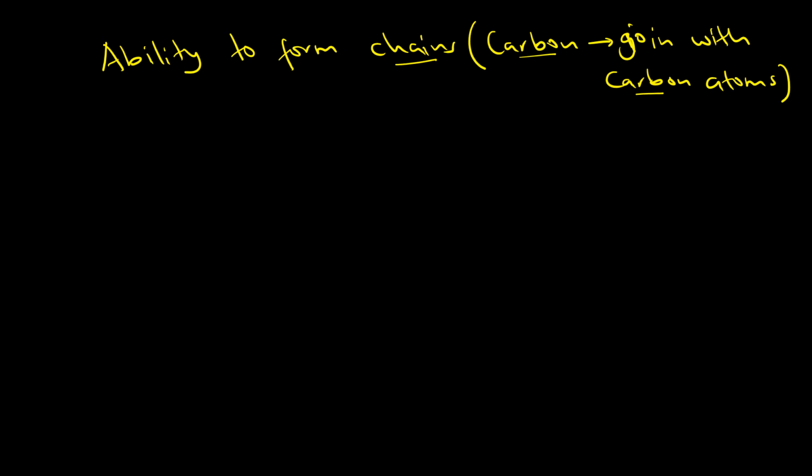So take an example of these 3 cases we are going to see. The ability of carbon to join together to form long chains is known as catenation. So this is carbon atom, carbon atom, carbon atom.